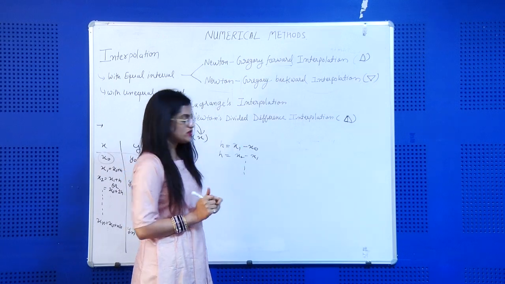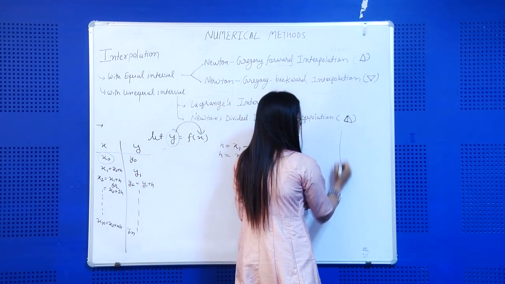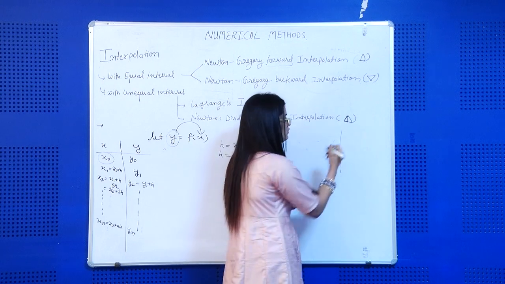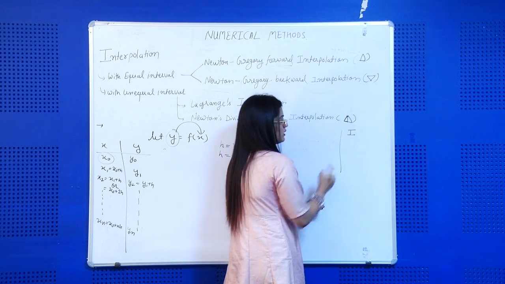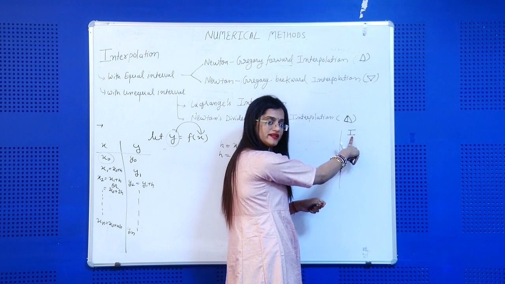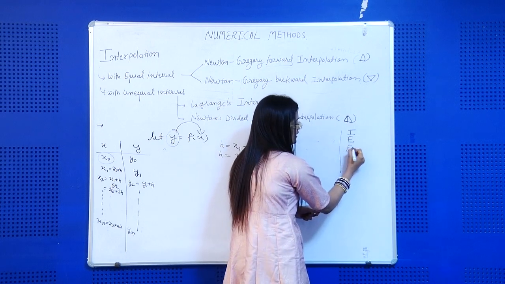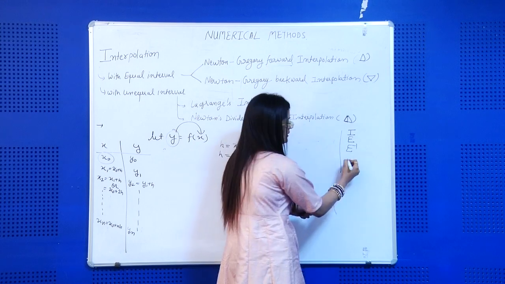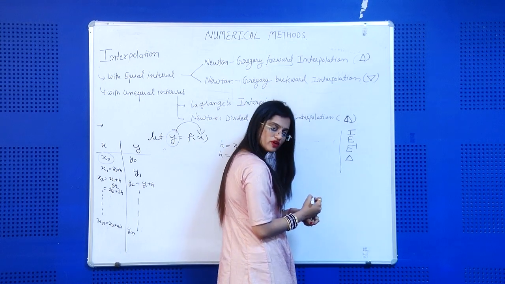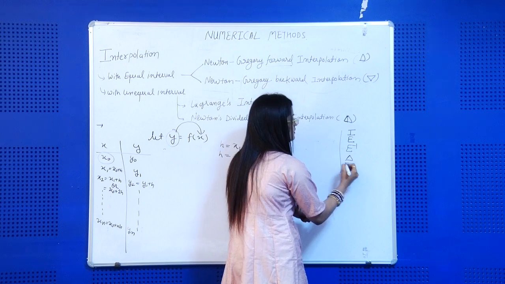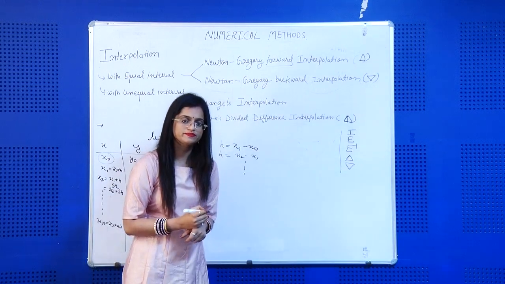In the previous session, we discussed operators, in which I is the identity operator, E is the shift operator, E inverse is the inverse shift operator, delta is the forward difference operator, and nabla is the backward difference operator.